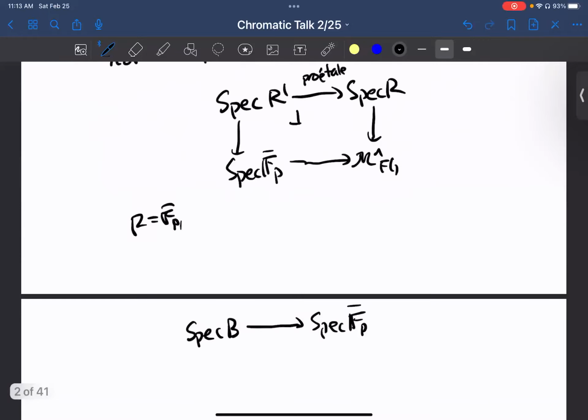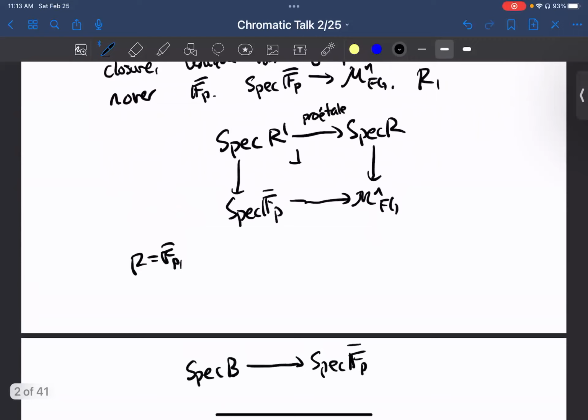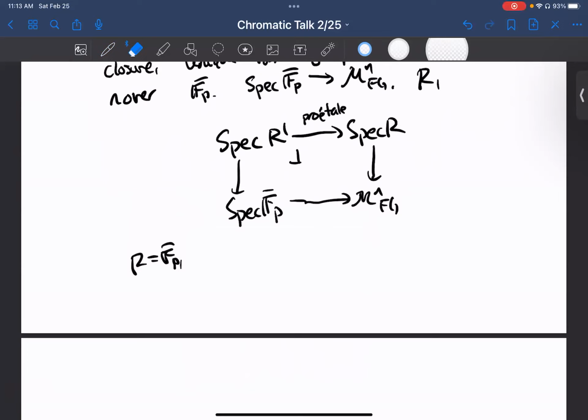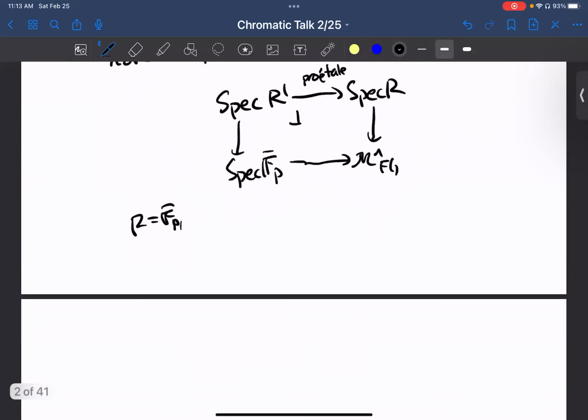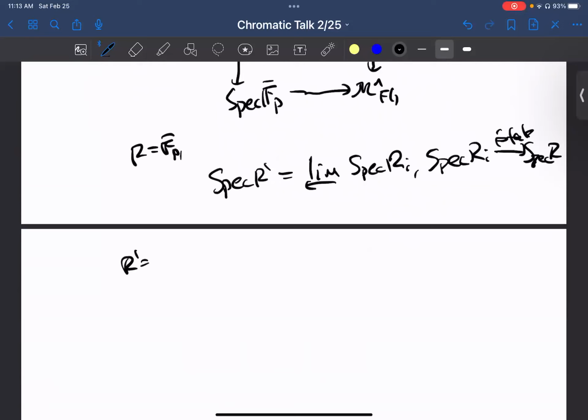Yes? I'm sorry, can you please recall what a pro-étale map is? Okay, yeah, sure. So a pro-étale map here means that spec R prime is equal to the inverse limit of spec Ri, where spec Ri to spec R are étale, or equivalently that R prime is a direct limit of Ri, where R including into Ri is étale.